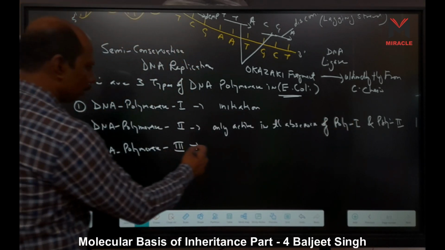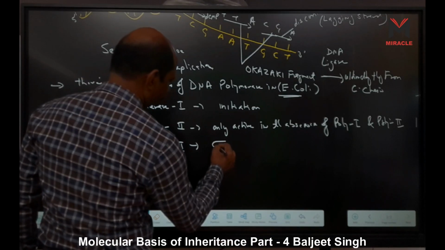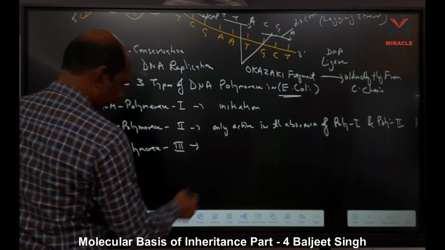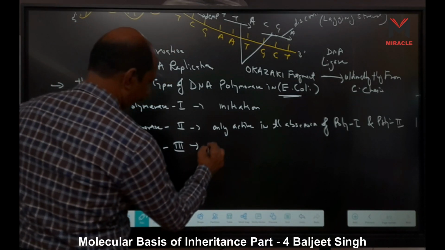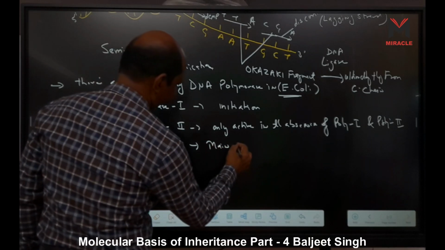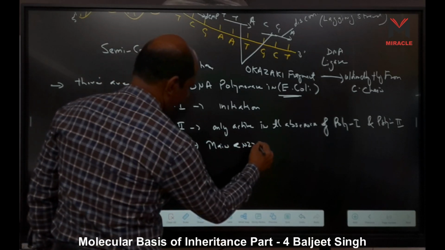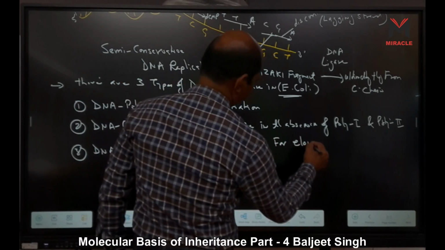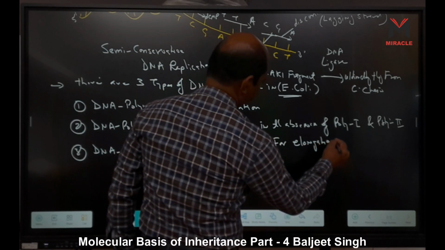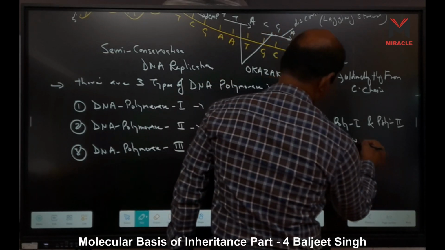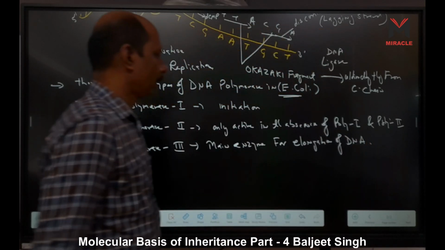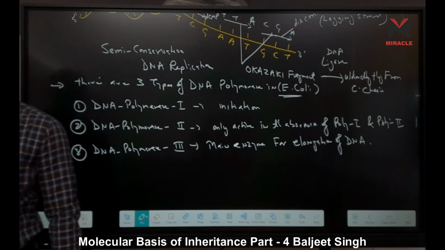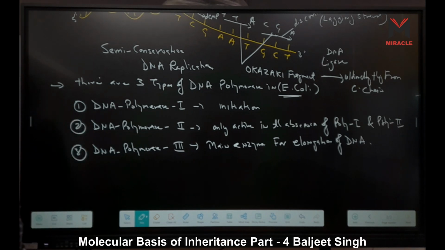And DNA polymerase third is the chief, the main enzyme for elongation of DNA, right? You understand here? These are the three types of DNA polymerase enzyme.